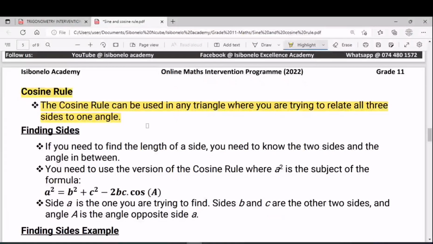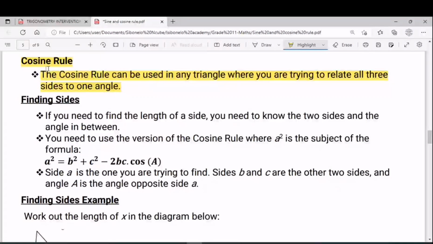We can use it in any triangle, but we must remember that the triangle must be non right angled. So when we want to relate all 3 sides to one angle, we need 2 sides with an angle in between those 2 sides. That is how you know you must use the cosine rule.